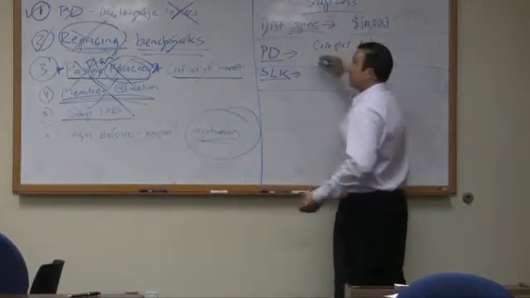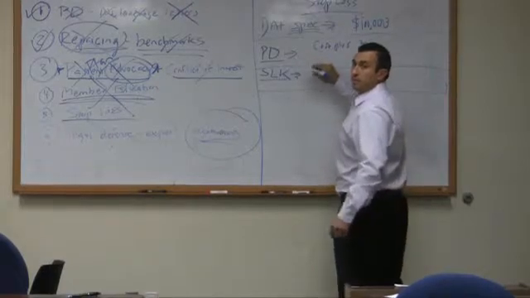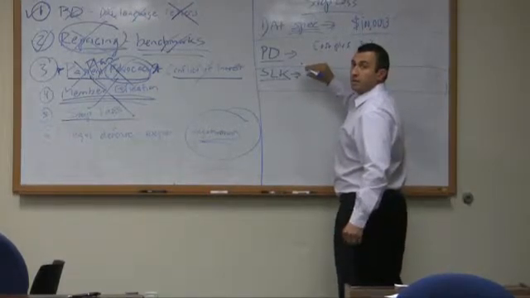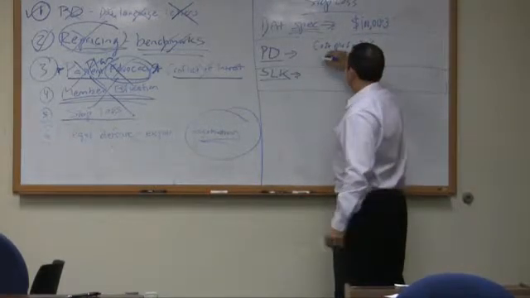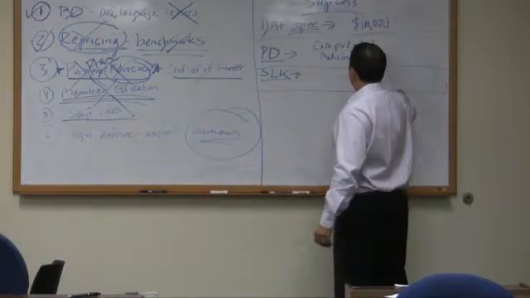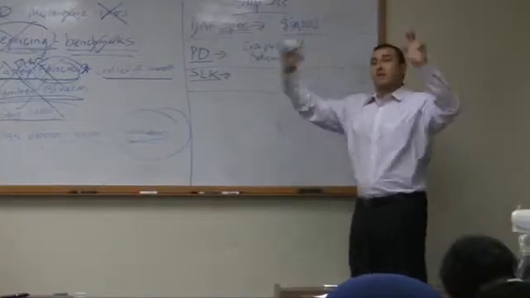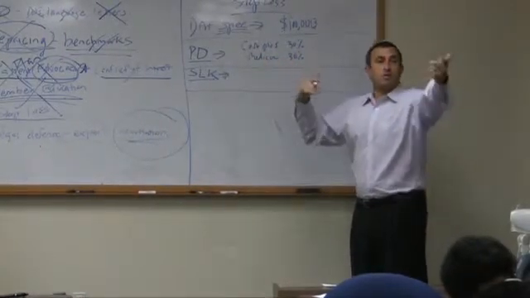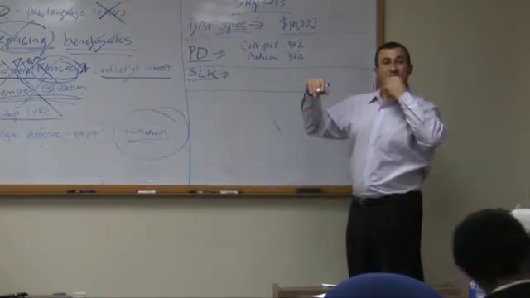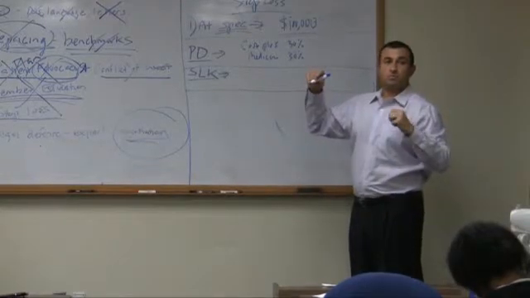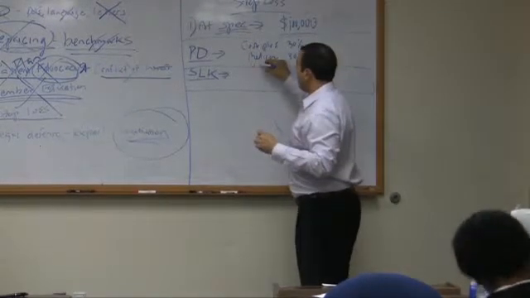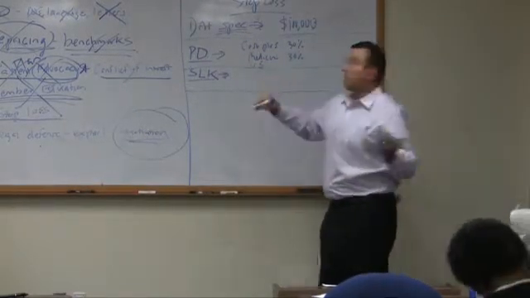What else could it say? Christina? What else could it be? Lesser of the following, blah, blah, blah. Leanne? Could say usual and customary, or could be lesser of, that's fine.